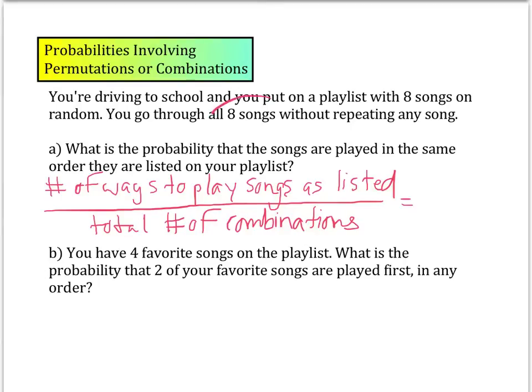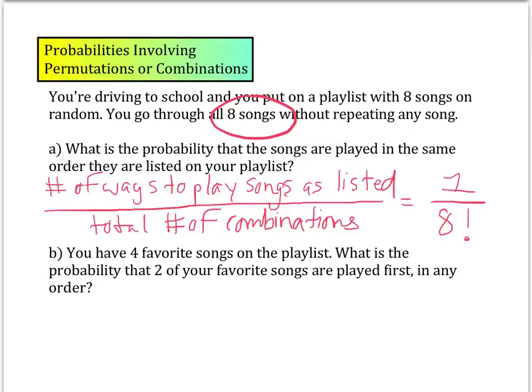Now, since there's 8 songs, there's 8 factorial permutations of the 8 songs. But of these, only one is the order in which the songs are listed on the CD. We have these songs listed in a certain way, and that's only one specific way. So, the number of ways to play songs listed, there's only one way to do that.